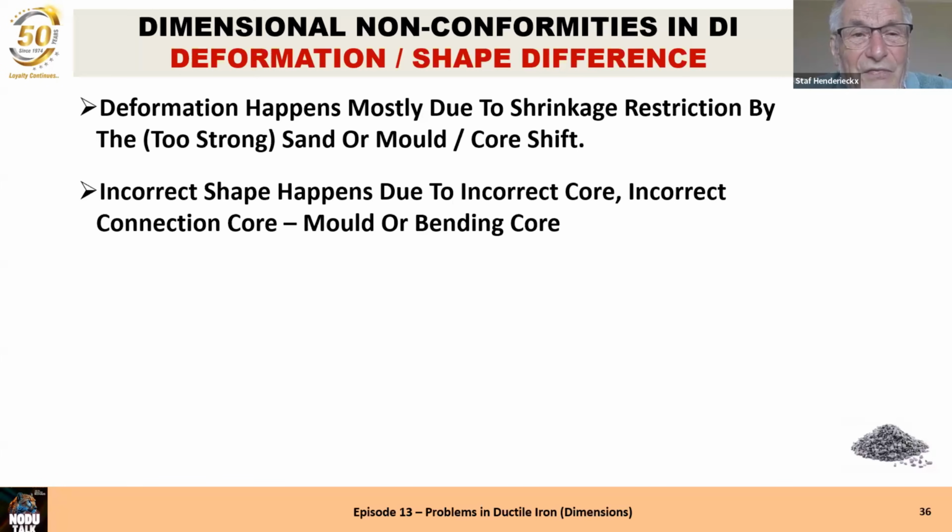But you can also have a deformation due to shrinkage restriction by too strong sand, mold or core, and due to that, incorrect dimensions compared to the drawing. It can also be that the incorrect shape is due to an incorrect core, an incorrect core-mold connection, or a bending of a core.